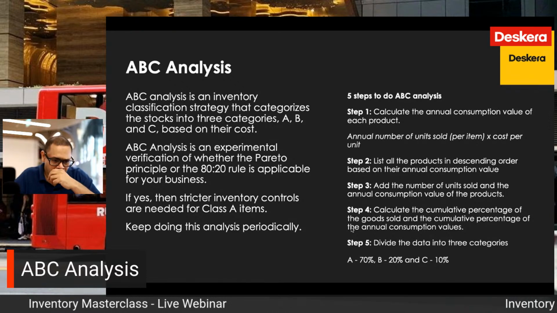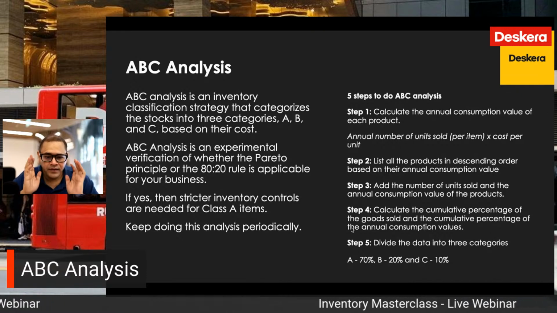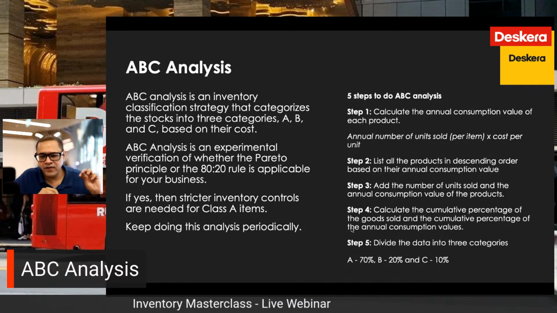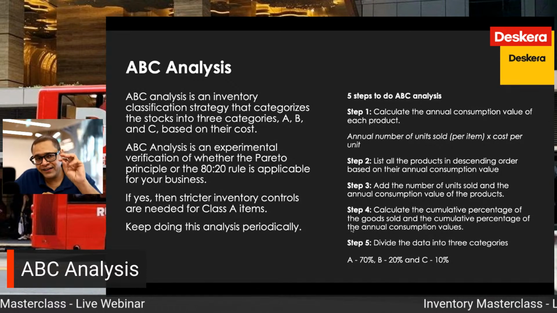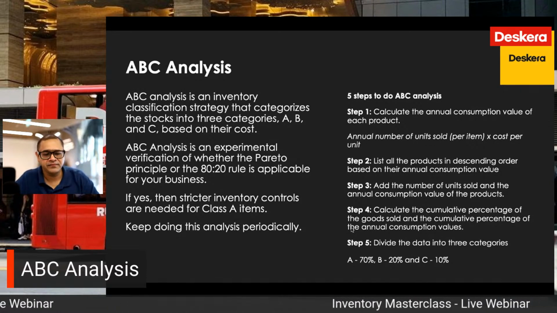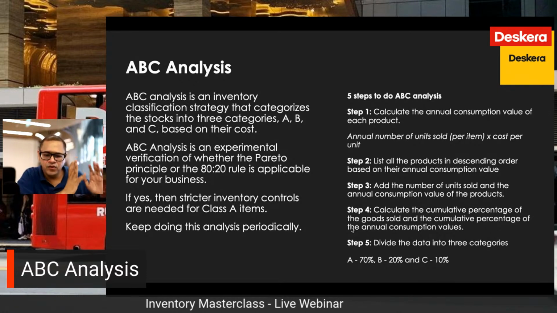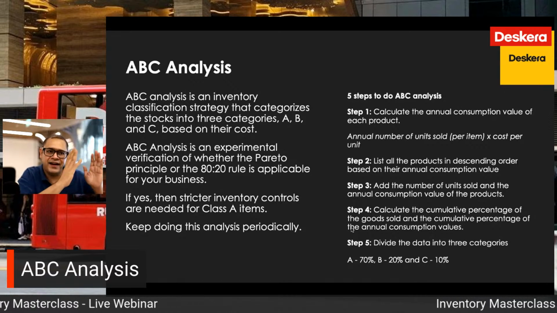So how do we do ABC analysis for inventory? First you look at the annual consumption value for each product that you have. Then you create a table, and then you look at the cumulative consumption value for each item.